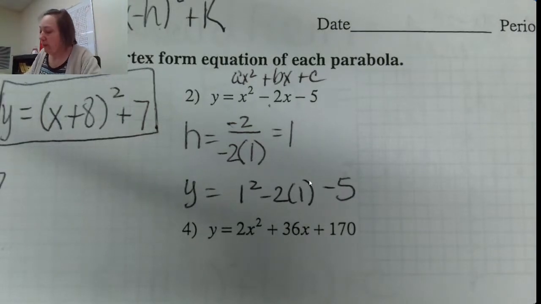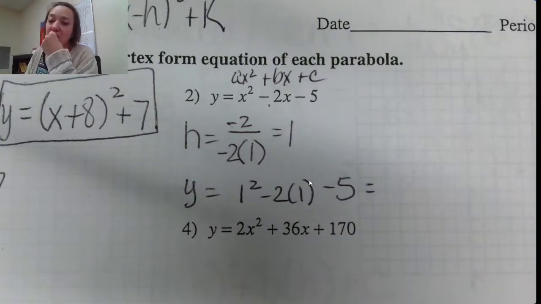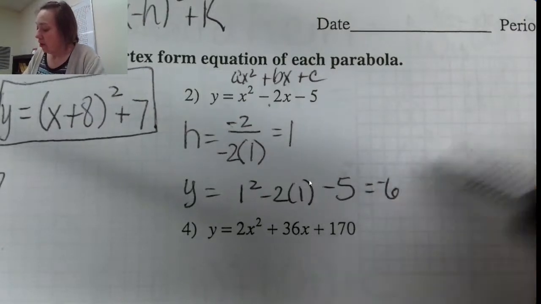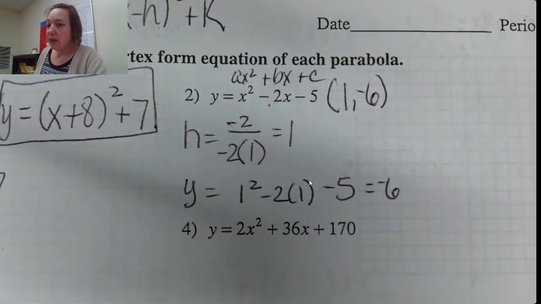All right, what'd y'all get for that math? -6. So our vertex is 1, -6, right? So now our goal is to plug it into vertex form.